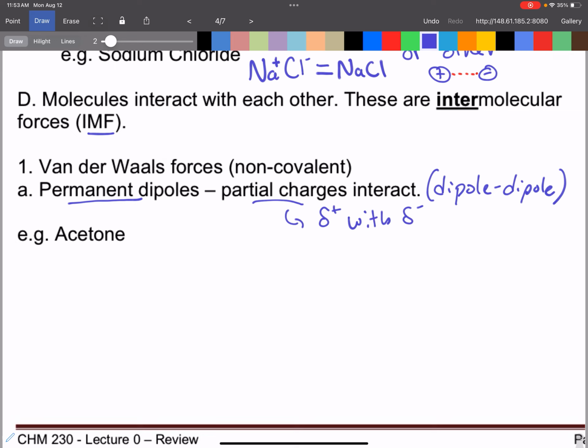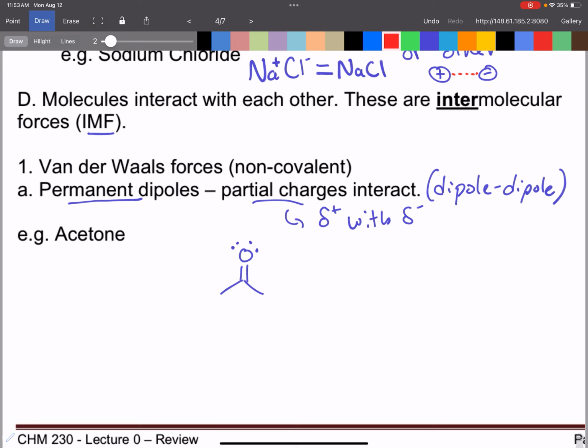So for example, acetone, as we drew that for the line angle structure a little bit ago, acetone has a dipole for sure. We've got the oxygen double bonded to carbon and lone pairs, just to be sure. Just like water, acetone also is polar. The oxygen is pulling electrons toward it.